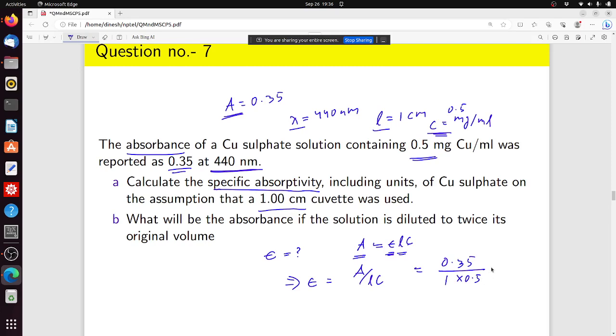So if you put all the values, you will get this coefficient to be 0.7 centimeter inverse milligram ml inverse. Right.